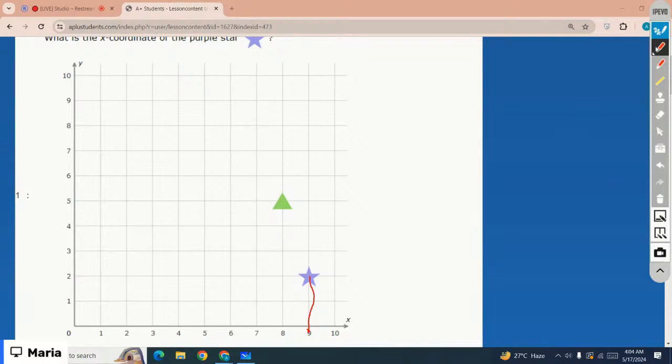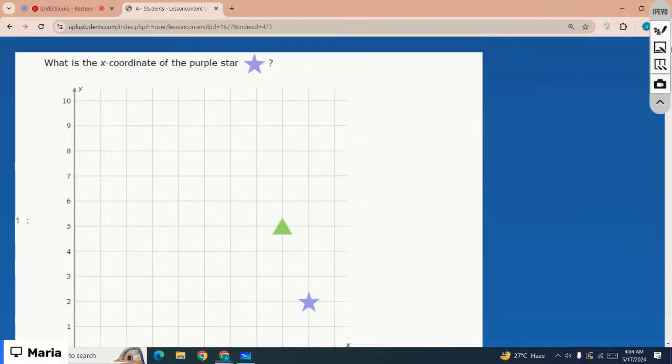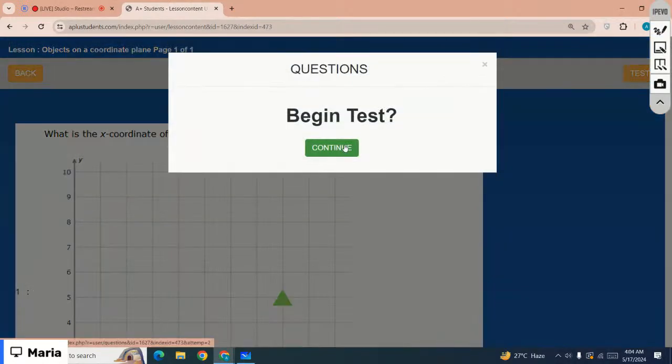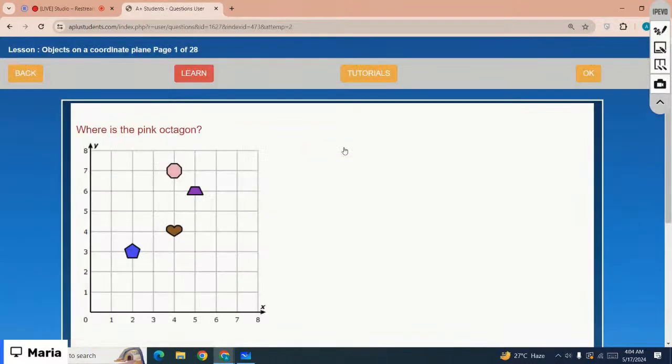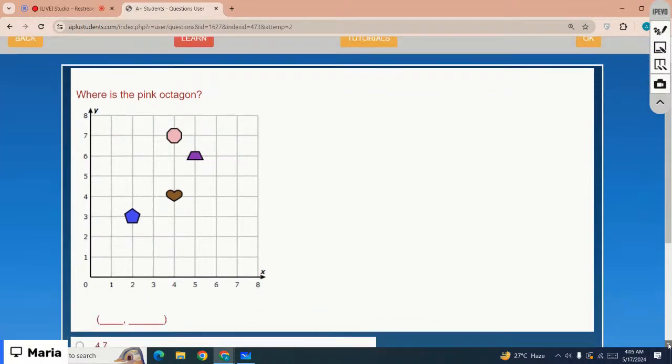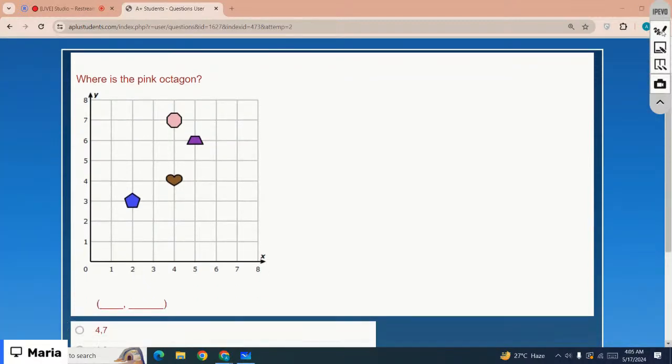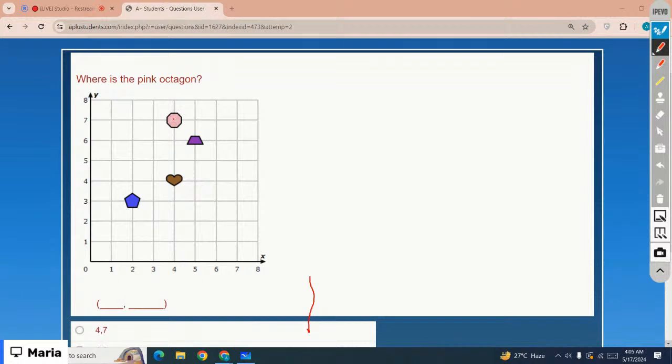Okay, let's just start with the test questions. Where is the pink octagon? Here is the pink octagon.